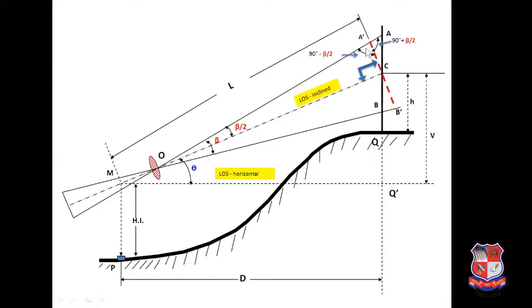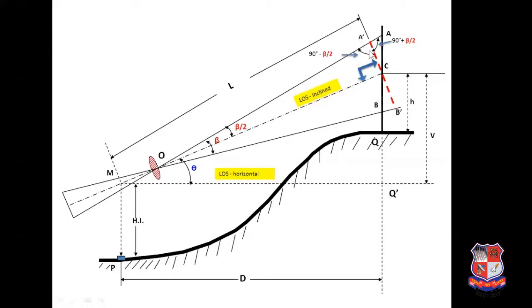We know that in a triangle, the summation of the three angles will become 180 degree. So how to find the value of this angle? This angle will become 180 degree minus this angle, that is 90 degree, so 180 degree minus 90 degree minus this angle beta by 2. So this angle ultimately will become 90 degree minus beta by 2.